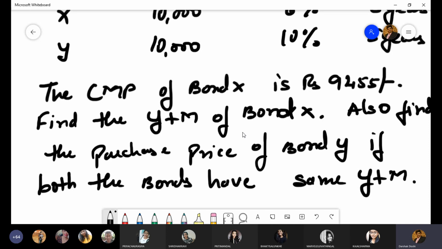All those things which are required to find out YTM. So you can find out YTM of bond X.